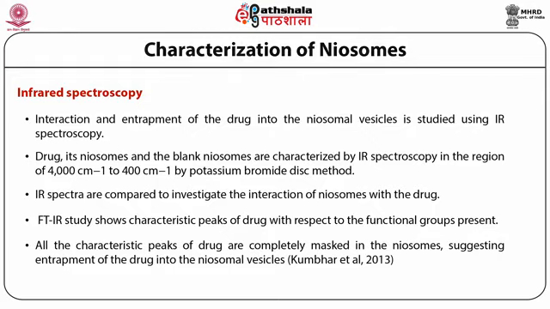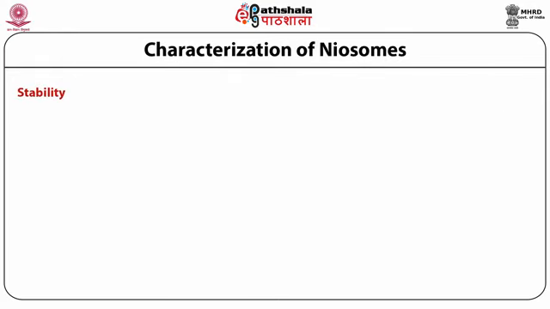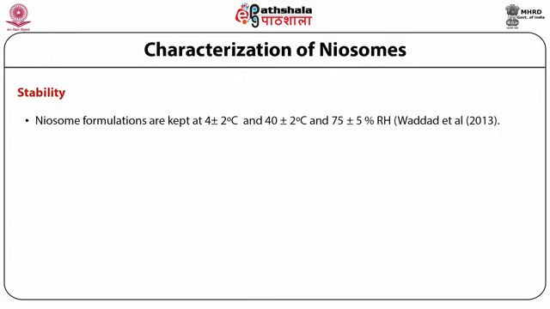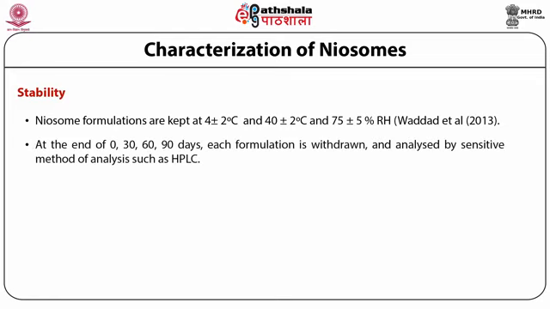neosomal vesicles. Stability. Neosome formulations are evaluated for stability by keeping them at 4 degrees, and 40 degrees centigrade at 75% relative humidity. At the end of 30, 60 and 90 days, each formulation is withdrawn and analyzed by a sensitive method of analysis such as HPLC.